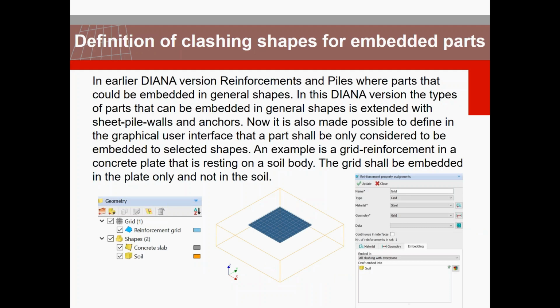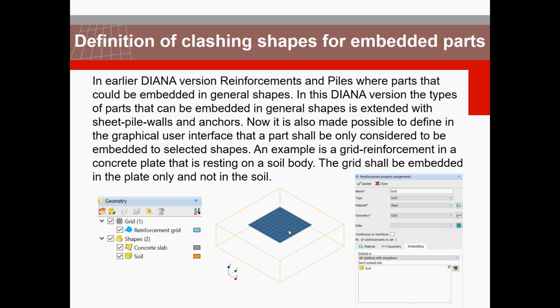Another important request was the definition of the clashing shape. So what's the meaning of that? Usually when you had an embedded element, it was important for the user to allocate these embedded elements to a specific set of mother elements. So in this example, you have a soil layer, you have a concrete foundation based on the plate, and you assign the grid reinforcement to that plate as an embedded element.